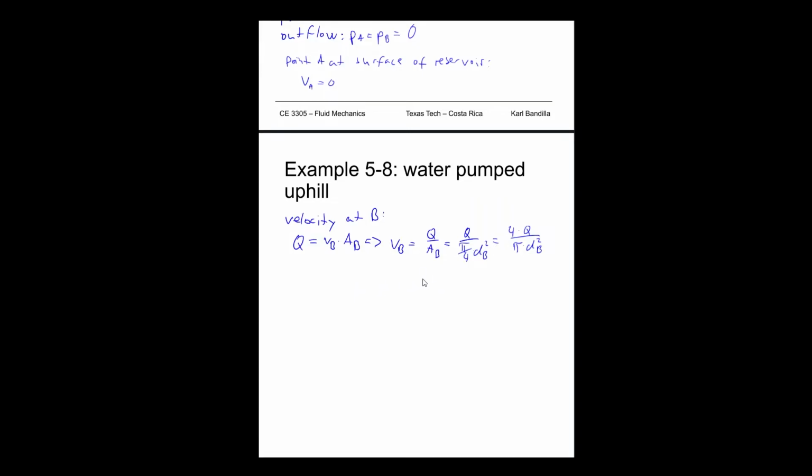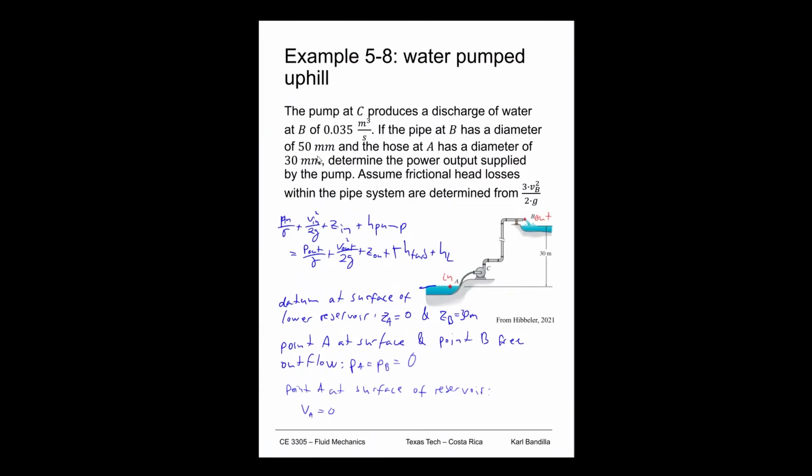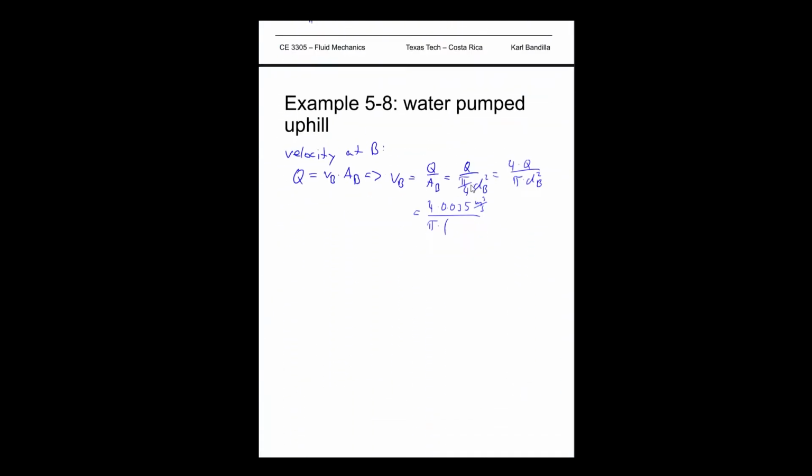Put those numbers in, and we get 4 times 0.035 cubic meters per second divided by pi times, what was our diameter of the larger pipe, 50 millimeters, 0.05 meters squared.